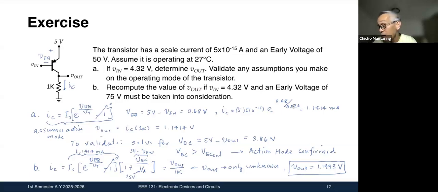That's for A. By the way, this is with early effect, this is without early effect. The difference is only about 0.05 volts. So V out with early effect is larger by about 0.05 volts than V out without early effect. So there are instances where you can really neglect early effect. Any other questions?